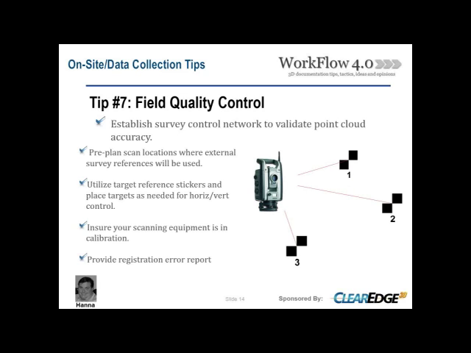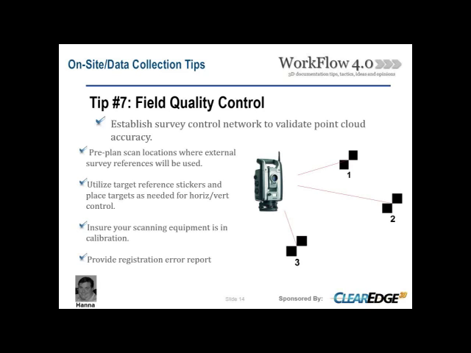Tip number 7. There are some amazing targetless registration technologies that are really advancing. We're super excited about those. It seems that the field process seems to be getting easier and easier, and that's great. However, you still need to check your data.